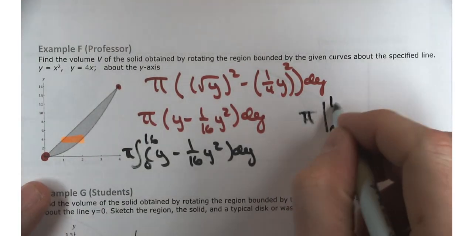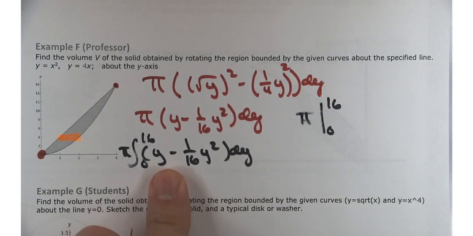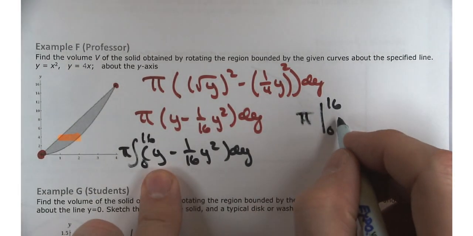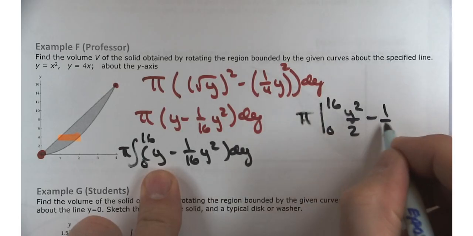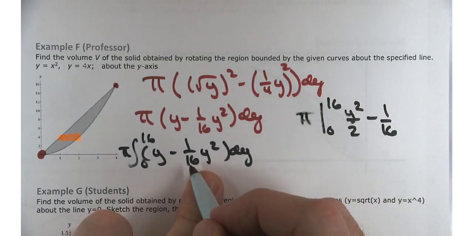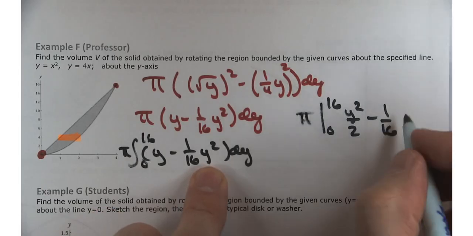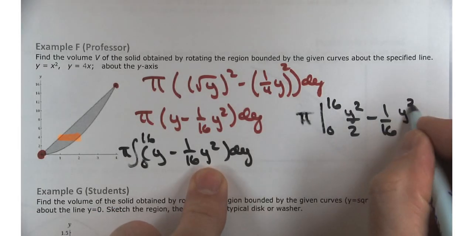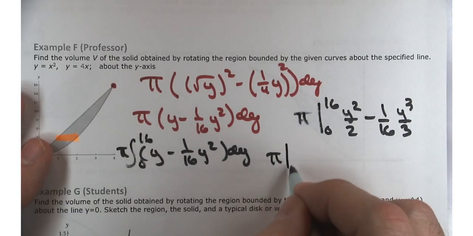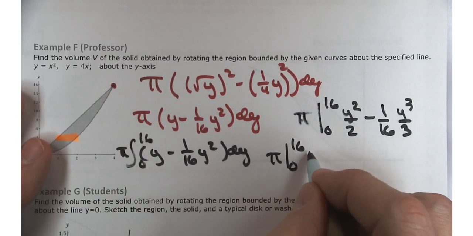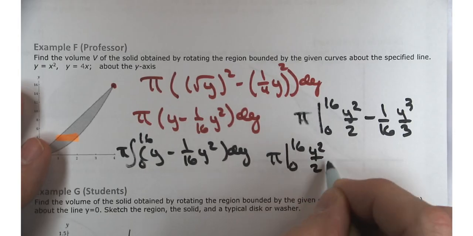Jameson, I need a couple antiderivatives here. It's going to be y squared over 2, and then you can just leave the 1/16 out here and integrate the y cubed. Okay, yeah, y cubed over 2. Nice. All right, so that's going to simplify to 0 to 16 of y squared over 2 minus y cubed over 48.